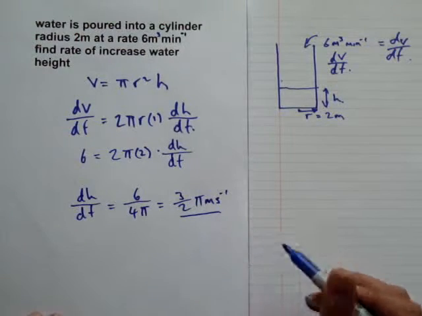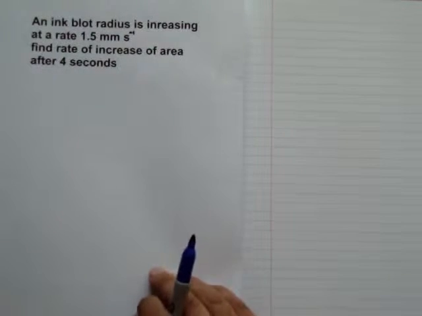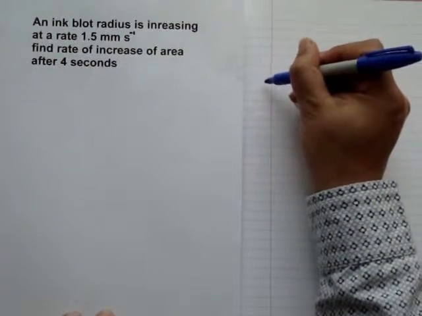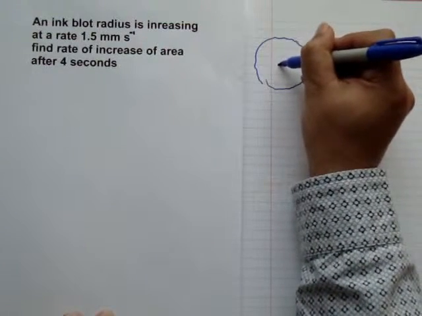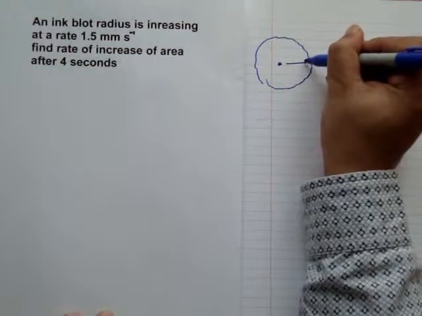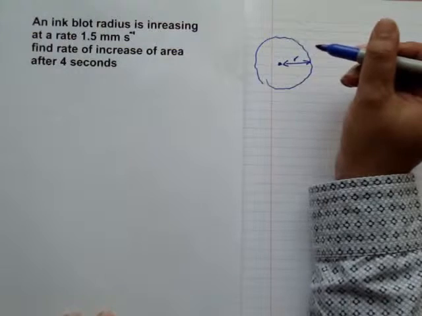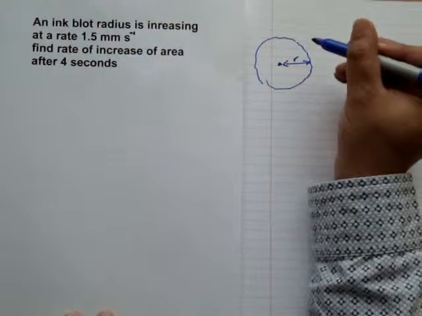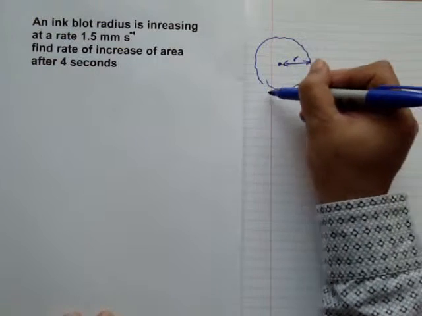So in this question, an ink blot, the radius is increasing at a rate of 1.5 millimeters per second, and we have to find the rate of increase of area after 4 seconds. So if you've ever done this experiment to separate the colours of the ink, when we put the blot there, it increases in size. That's the radius, and it's increasing at a rate of 1.5 millimeters per second.